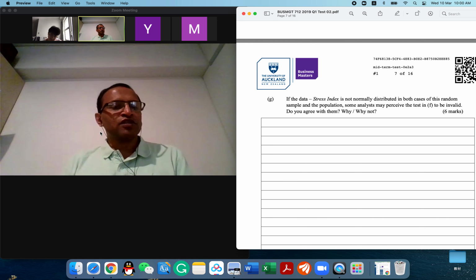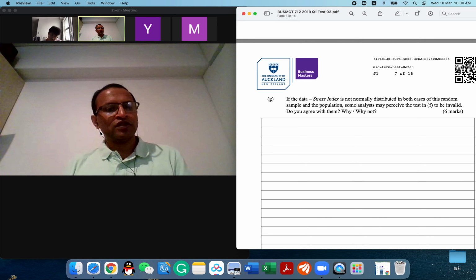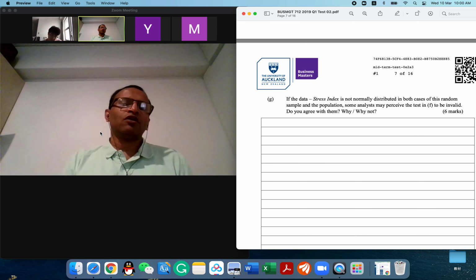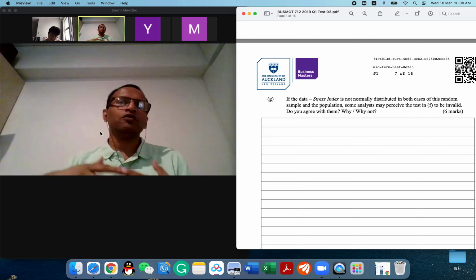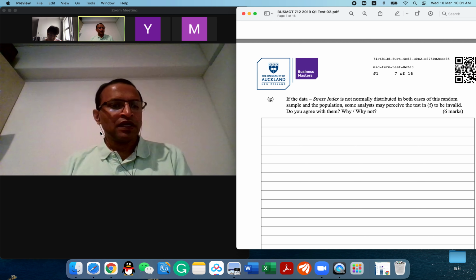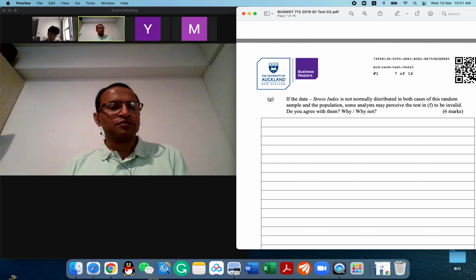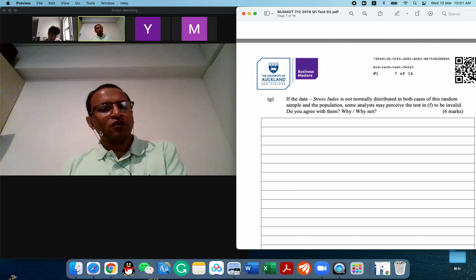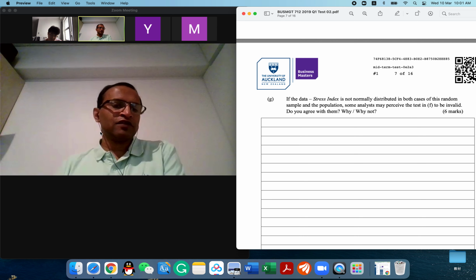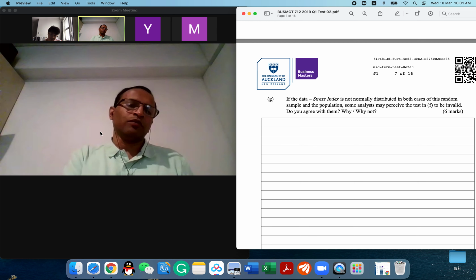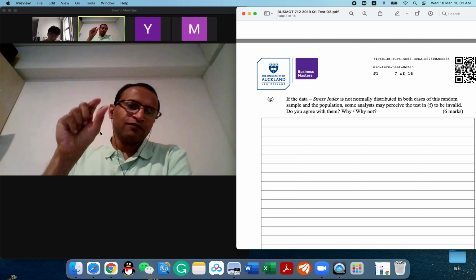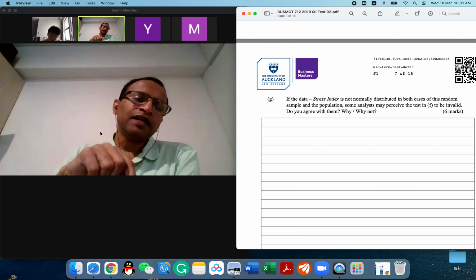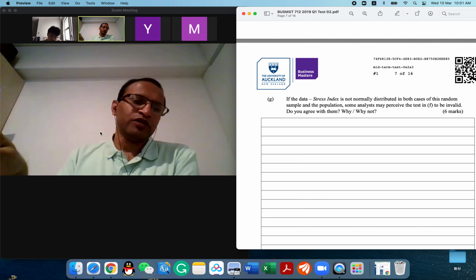So it is possible that the data is not normally distributed, but maybe you used a non-linear function, for example an interaction term, or a quadratic term, or a log term. This will make sure that your data may not be normally distributed, like your data may have a skew, but your errors are normally distributed. If you look at the assumptions for your regression, the error terms should be normally distributed.